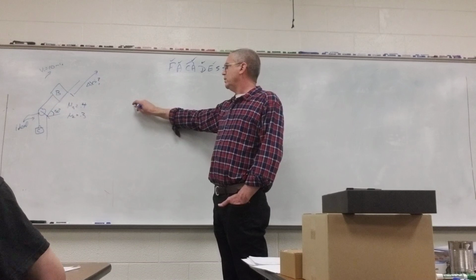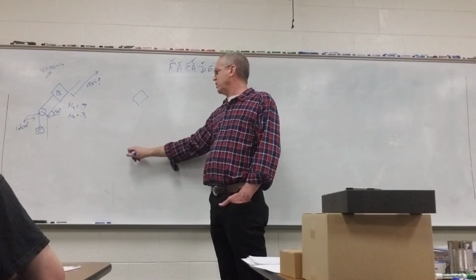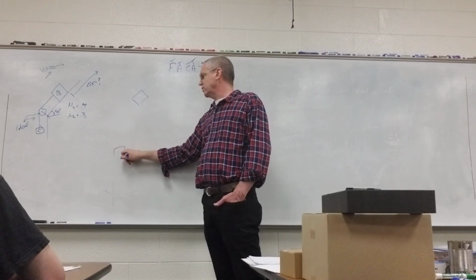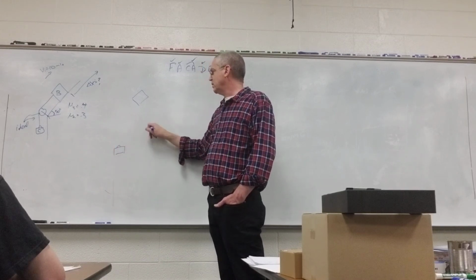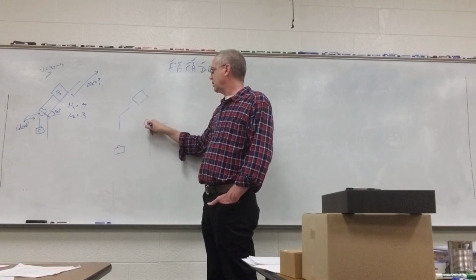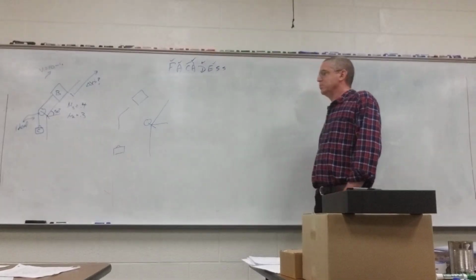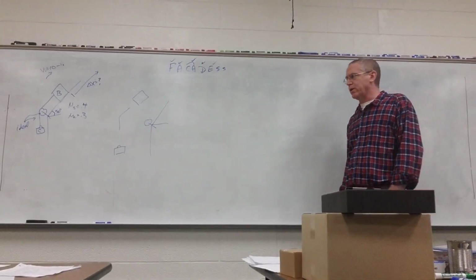All right, now what we really care about is the book and the cup, but since we're all sort of new to the process, let's throw in the four major pieces. Let's do the force diagram.